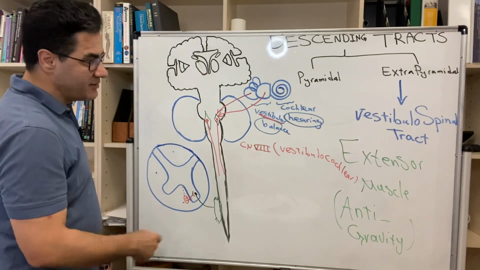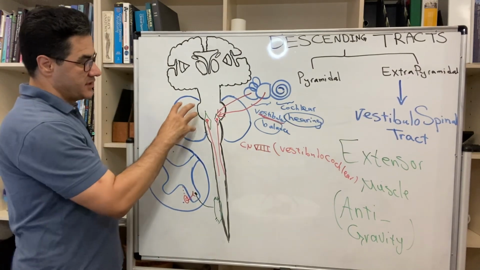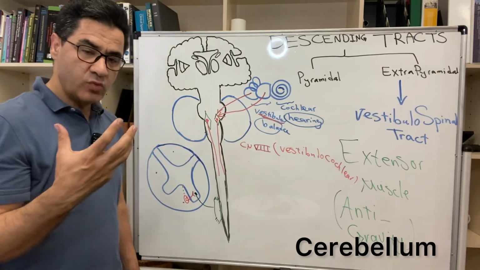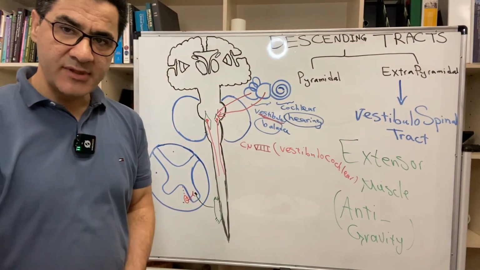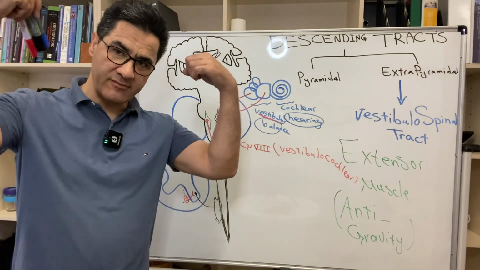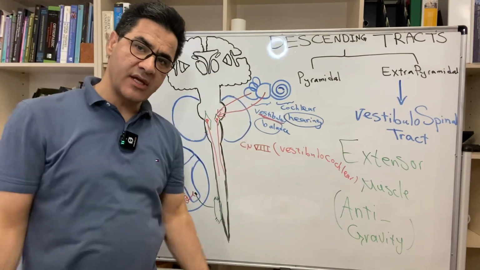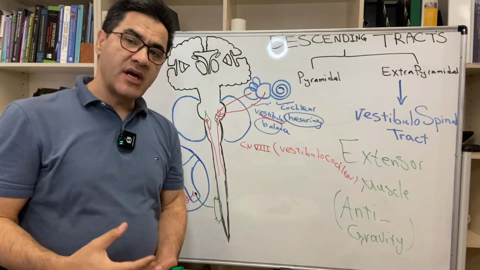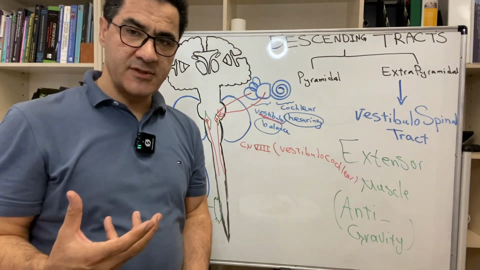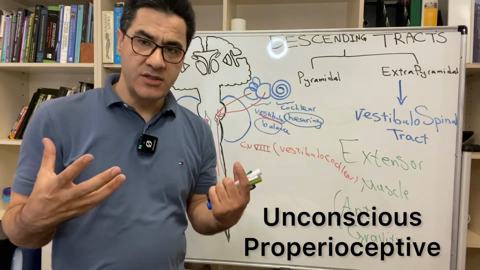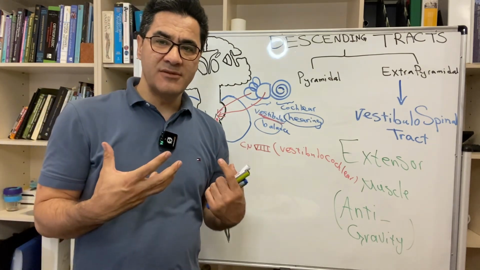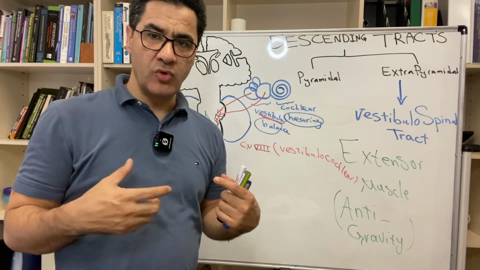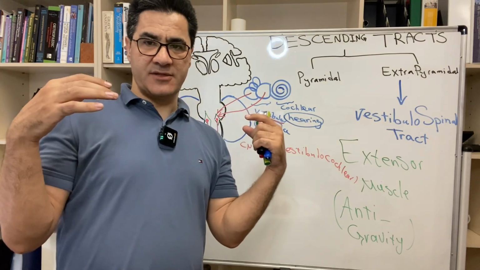So what about the next source? We have the cerebellum. If you watch my previous videos, the cerebellum receives information from joints of the upper limb, lower limb and vertebral column about the unconscious proprioception. So unconsciously, the cerebellum knows the position of your body, joints and bones in the air.